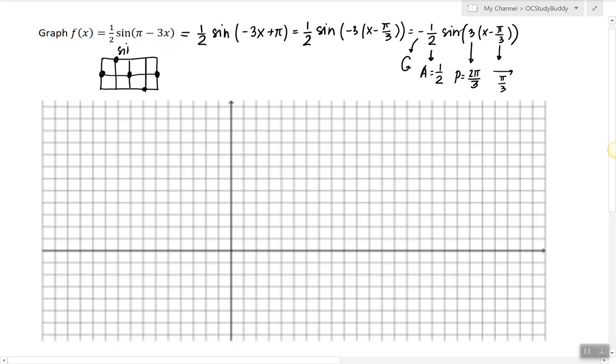And when we flip it upside down, the graph will look like this, on 1 period. So now we're ready to graph.